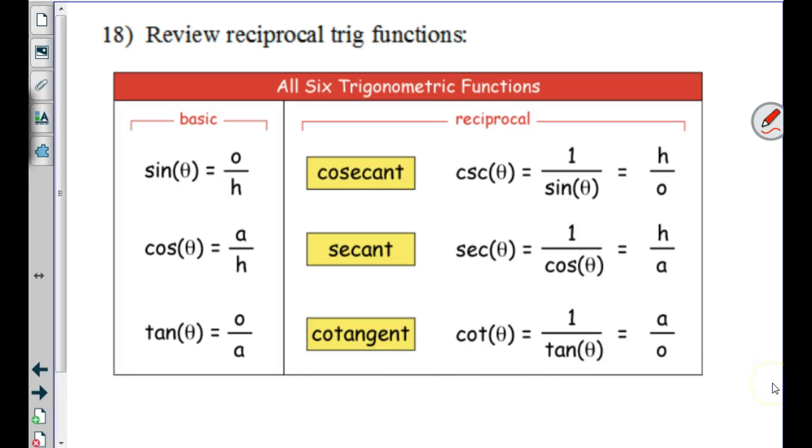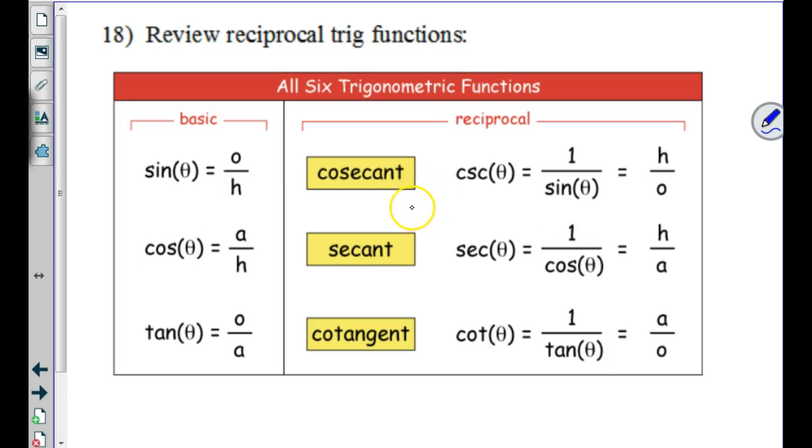Now, some of you, it's been a really long time since you talked about these terms. The reciprocal functions, okay? Didn't do those in geometry, right? But you did them in Algebra 2 or you did them in Trig. The reciprocal of sine is when you flip it over and have hypotenuse over opposite. And it's called cosecant.